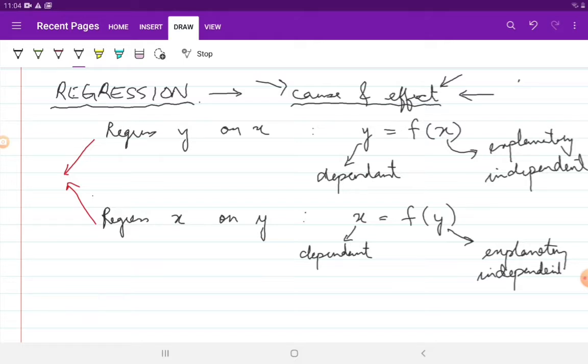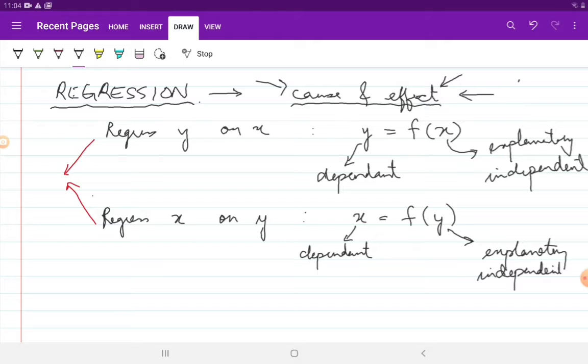Please do get used to the terminology. Regressing y on x means y is the dependent variable. Regressing x on y means x is the dependent variable. Now at this stage, we are only going to deal with two variable regression models. That is, you have one dependent variable obviously, and you have only one independent or explanatory variable.